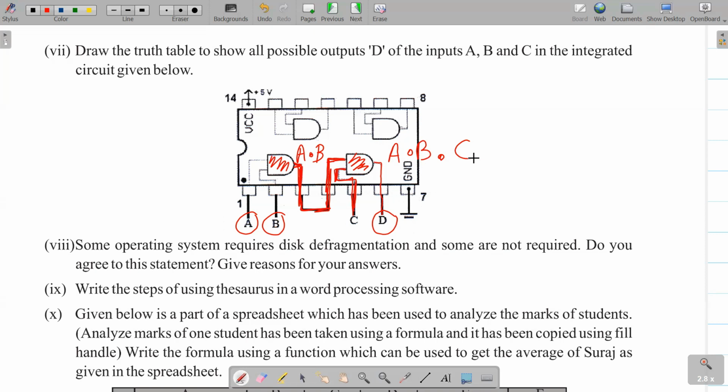So now since you know 3 inputs are there, you can draw the truth table at your will, right?